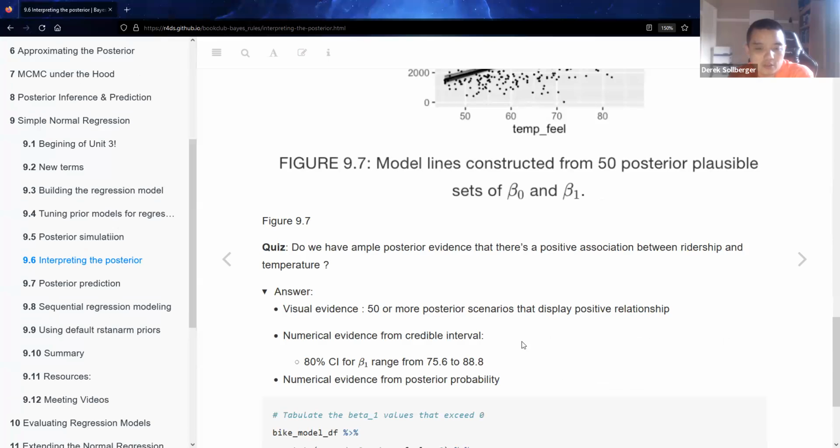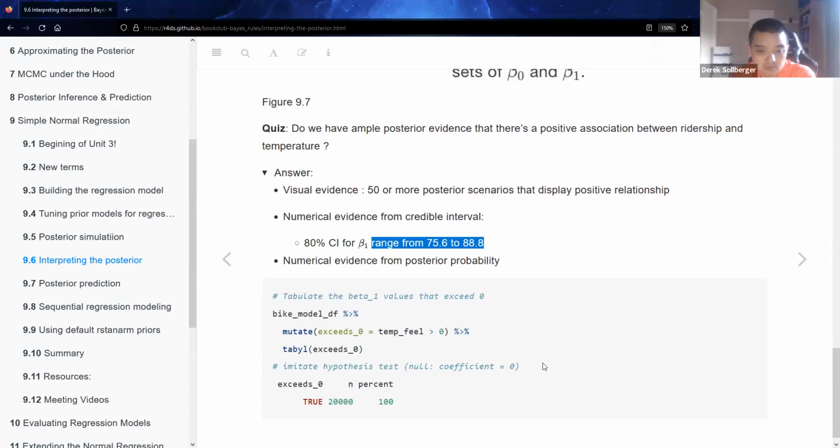We could build a credible interval for beta 1, and we find that the numbers range from about 75 to 89. That is, the slopes are, again, not zero or not negative. And we could look at numerical evidence from the posterior probability. In a hypothesis test mindset, we briefly claim that the coefficient for beta 1, the slope, is 0.